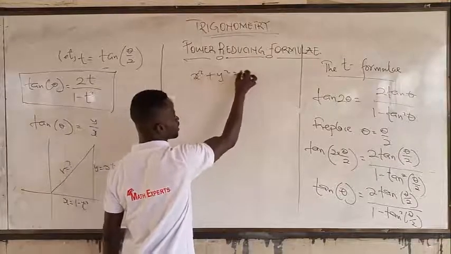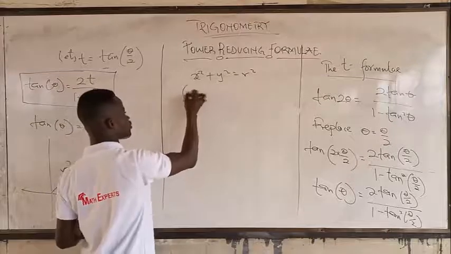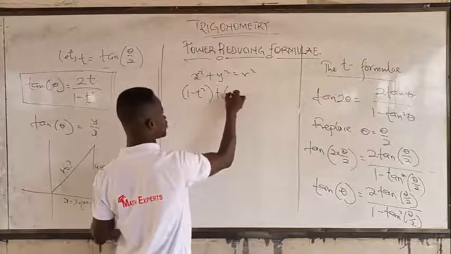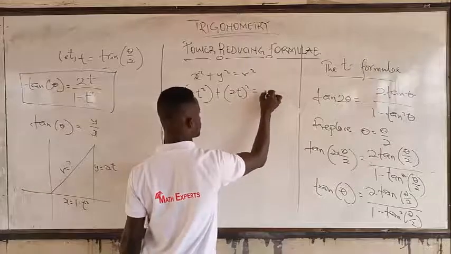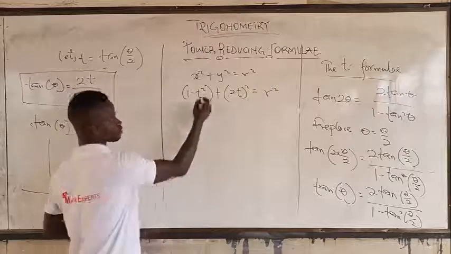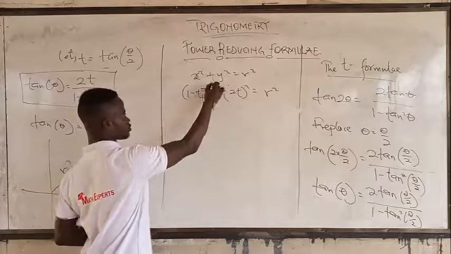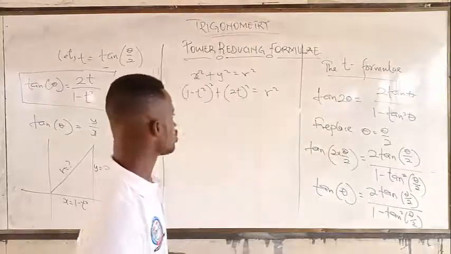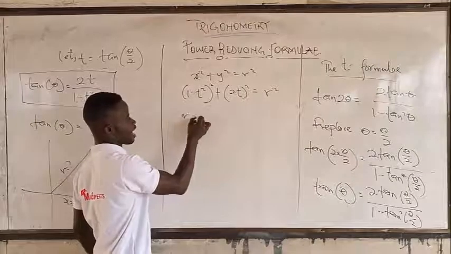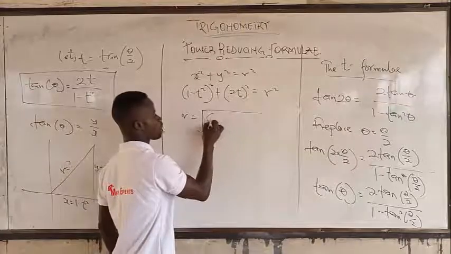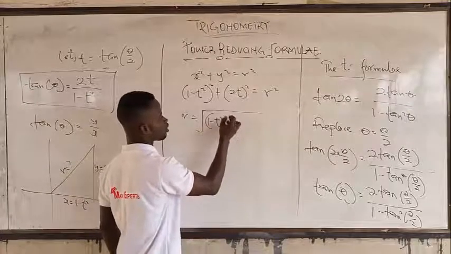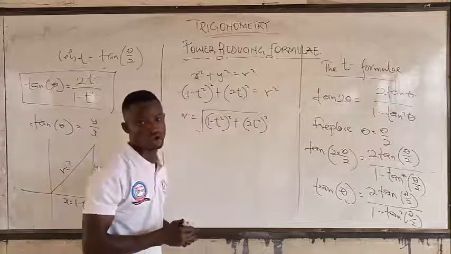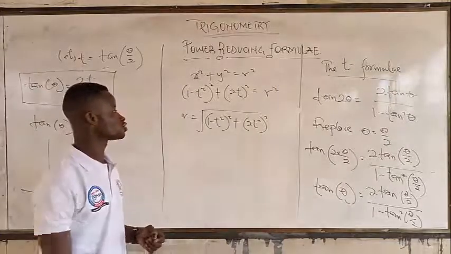So x squared plus y squared, that's the Pythagorean theorem. So this is 1 minus t squared plus 2t squared. For us to find r, we take the square root of 1 minus t squared all squared plus 2t all squared.